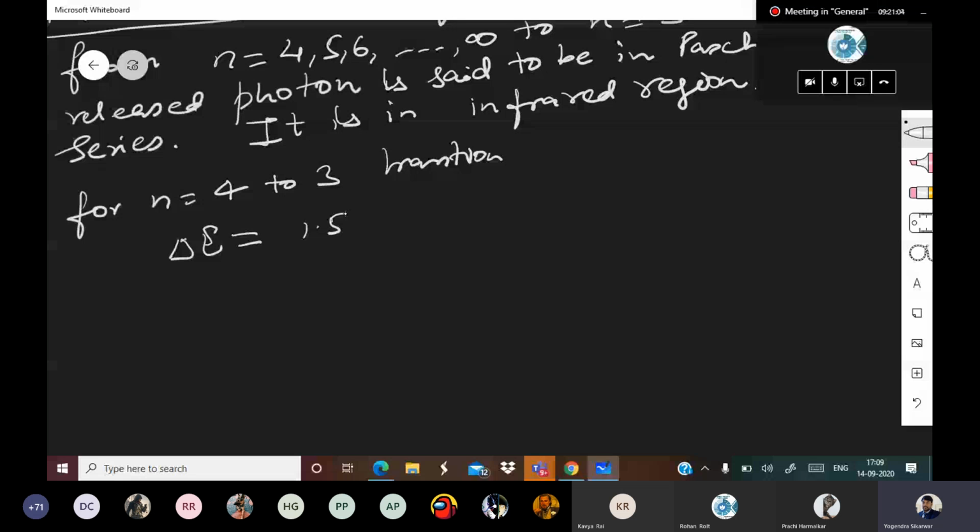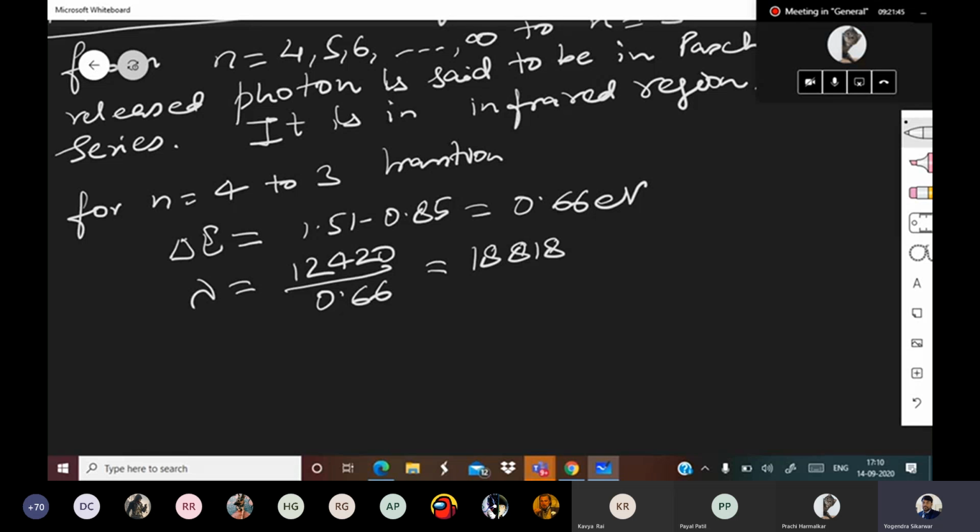So lambda will be 12420 divided by 0.66, and that comes out to be 18818.18 angstrom. So this is for n is equal to 4 to 3.